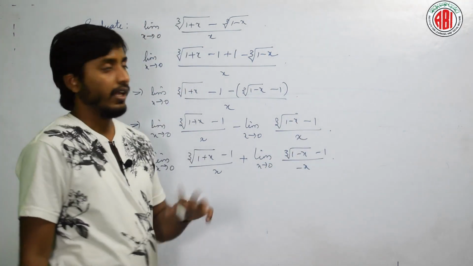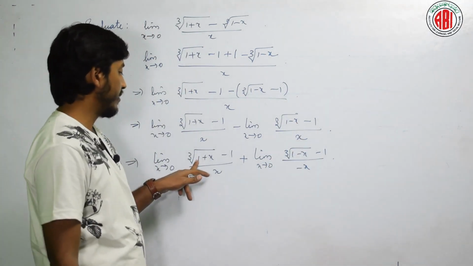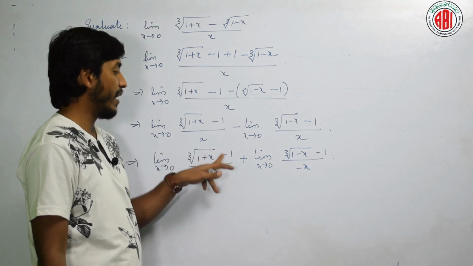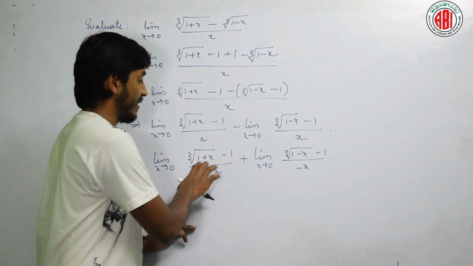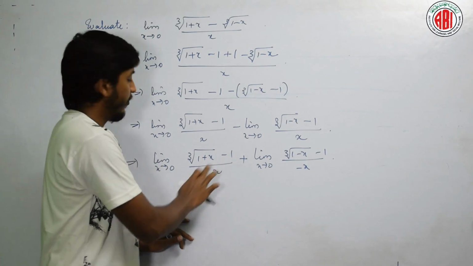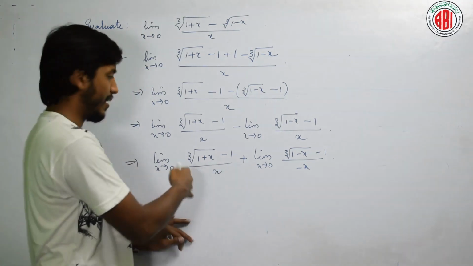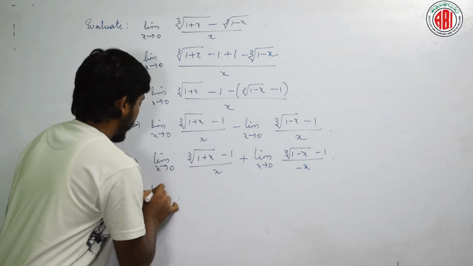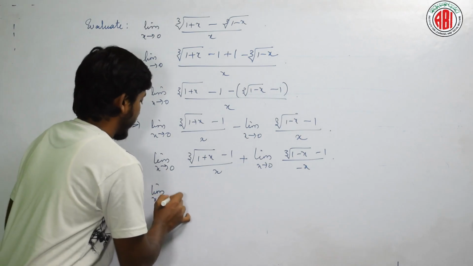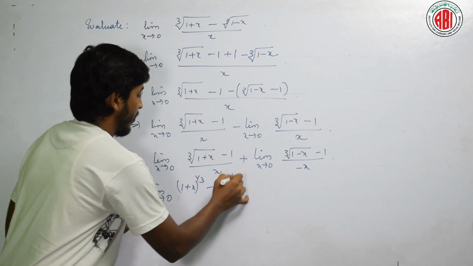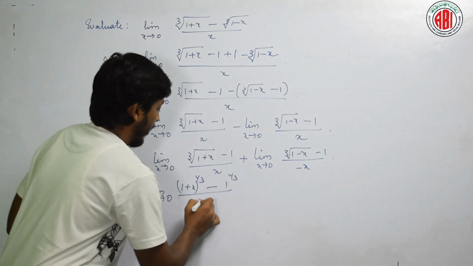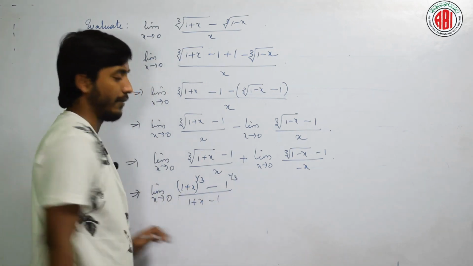If you observe here, this is in the form of x power m minus a power m by x minus a. What is the x here? 1 plus x, and a is 1. We do not have 1, right? Let us add and subtract in the next step. What will this become? Limit x tends to 0 (1 plus x) whole power 1 by 3 minus 1 power 1 by 3 by, let us add and subtract 1.